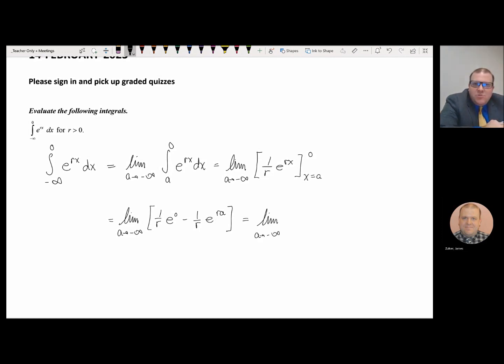I'm going to write this now as 2 limits, just to make it explicit. E to the 0 is 1, right? So we're going to get 1 over r. And factor out that 1 over r, because r is going to be some constant.